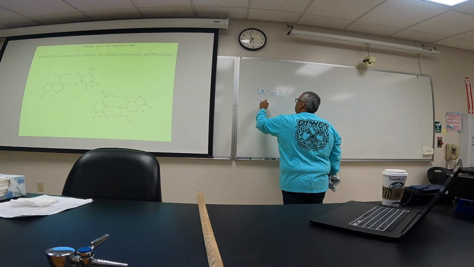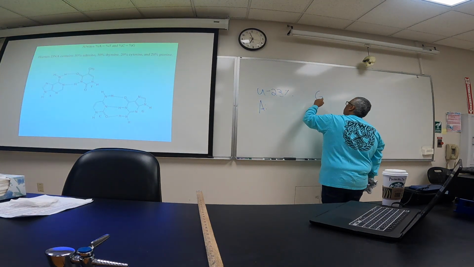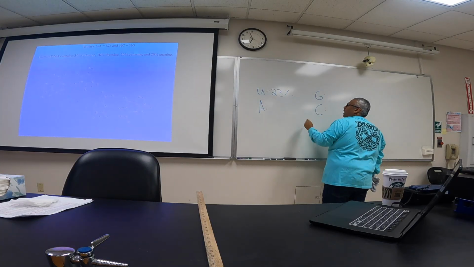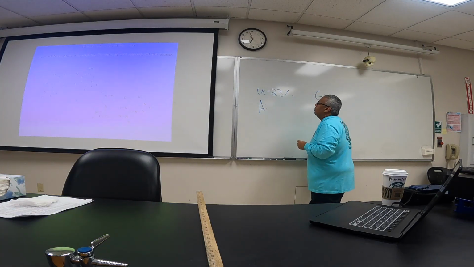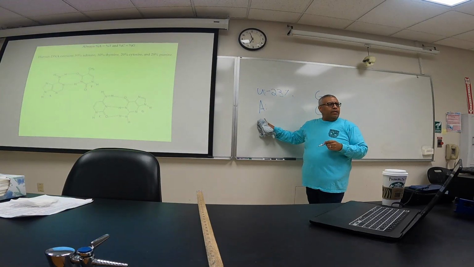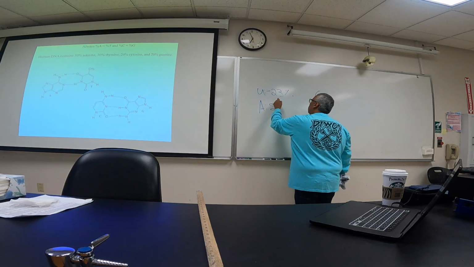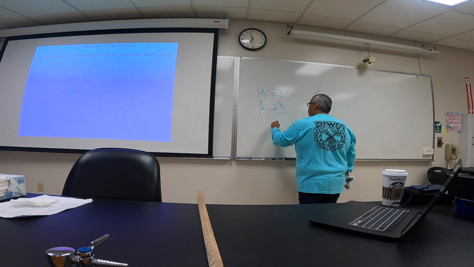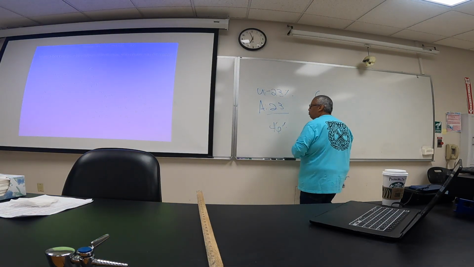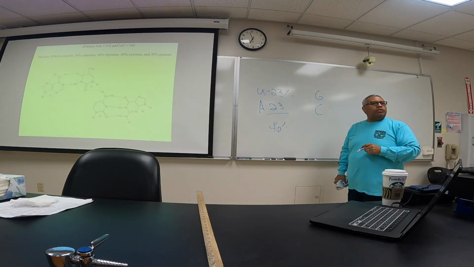I want to know the percentage of adenine, the percentage of guanine, the percentage of cytosine here. So what's the percentage of adenine here? 23. It's also 23. This comes up to 46%.